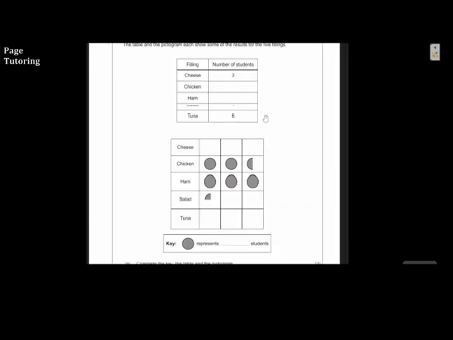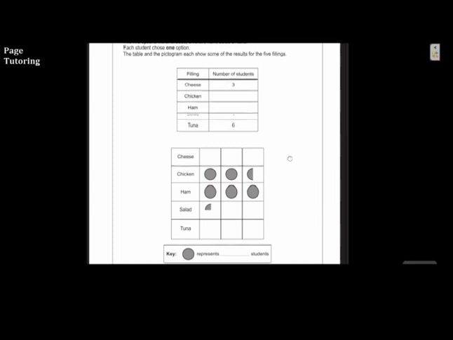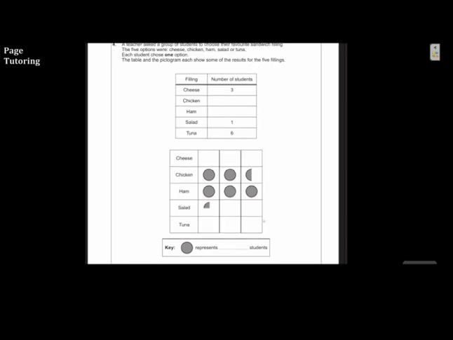For completing the table, we have to look at the pictogram and figure out how many students each full circle represents. And then looking at the table, we can use that amount, for example, 3 for cheese, to then fill in the pictogram. Starting with the only place in the table and the pictogram where we have all the information, the salad.